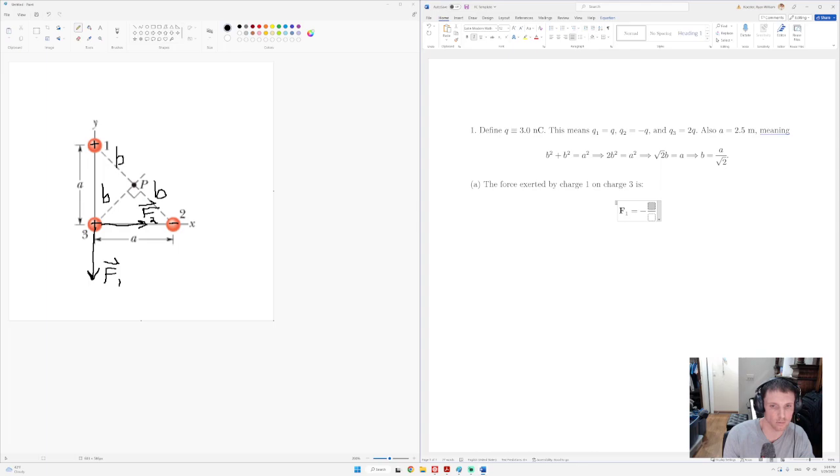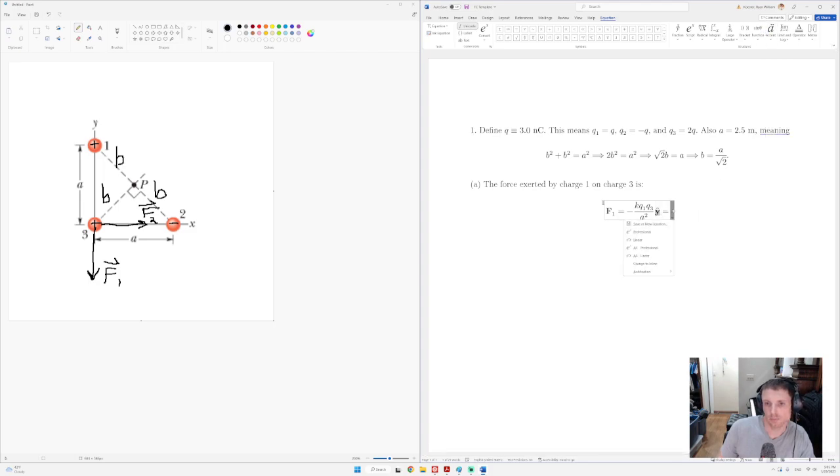And so we're going to write what the force is. It's just k Q1 Q3, this is the Coulomb force equation, over a squared. And this is going to point in the y hat direction. And remember, everything in the fraction is just going to be positive, right? So we just put a minus sign out in front to force this to point downward. And then I have to make this a unit vector.